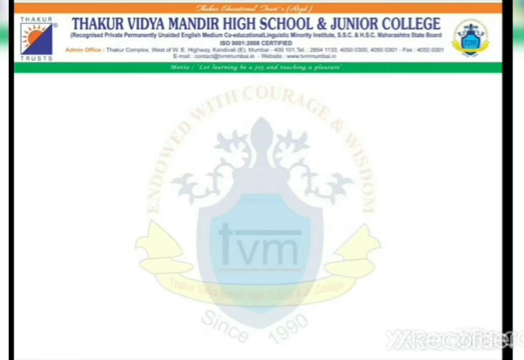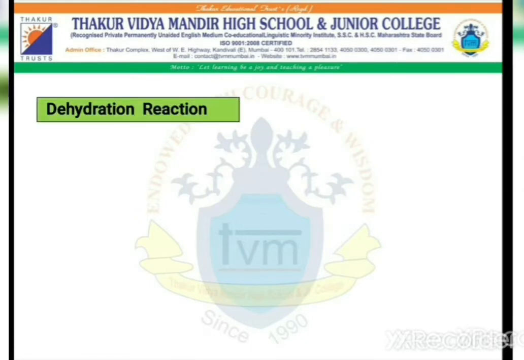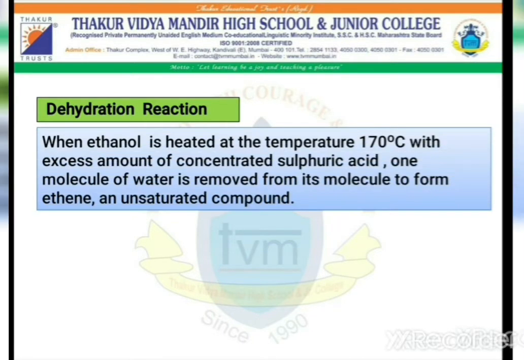The next property is the dehydration reaction. Dehydration means loss of water. When ethanol is heated at a temperature of around 170 degrees Celsius with excess concentrated sulfuric acid, one molecule of water is lost and we get ethene, an unsaturated compound. Here is the reaction.